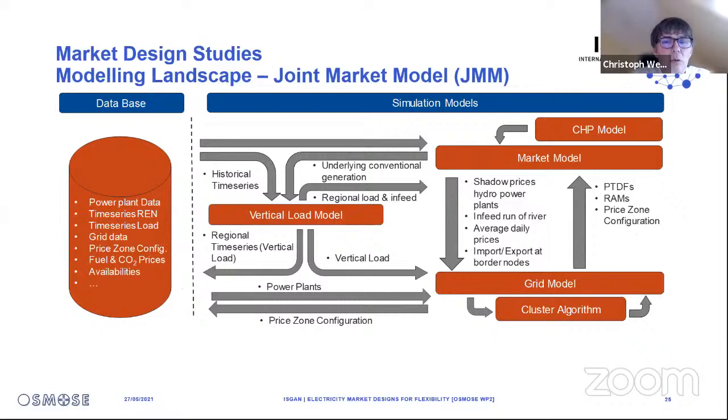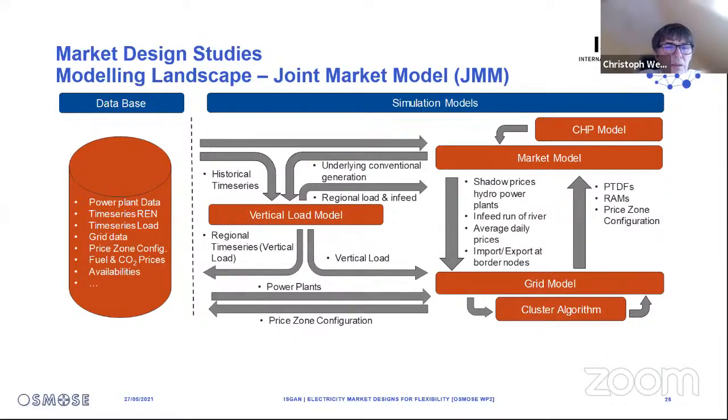shows, and I don't want to discuss all the details, the entire modeling system over the years. So we have been developing the joint market model together with partners over the last more than 15 years, and we now have a database that includes power plant data, time series, and other grid data.